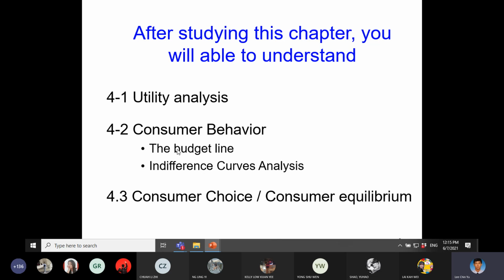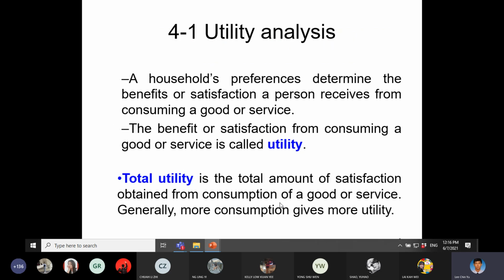And then we also go for consumer behavior today. The topics that we are going to cover are the budget line and indifference curve. Then we also learn about consumer choice or consumer equilibrium. From utility analysis, because we want to analyze, normally we assign figures, assuming the utility can be calculated.